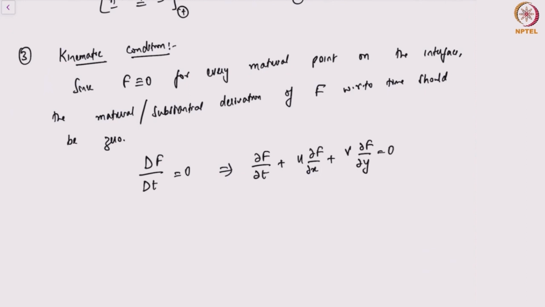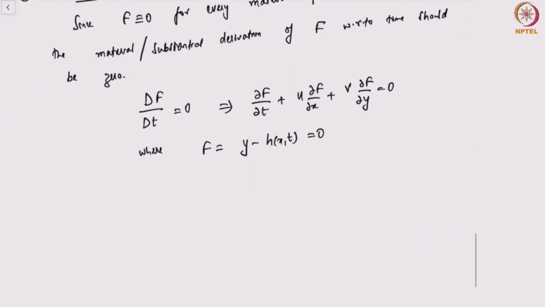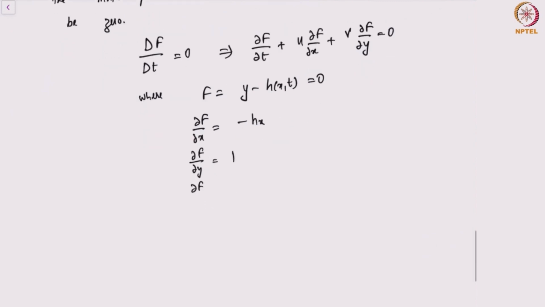This is in a 2D setting, and therefore let's remember what is F. F is nothing but y minus h of x, t, which is 0. Therefore ∂F/∂x is nothing but minus hx. ∂F/∂y is 1, right? And ∂F/∂t, the partial derivative of F with respect to time, is nothing but minus ht.